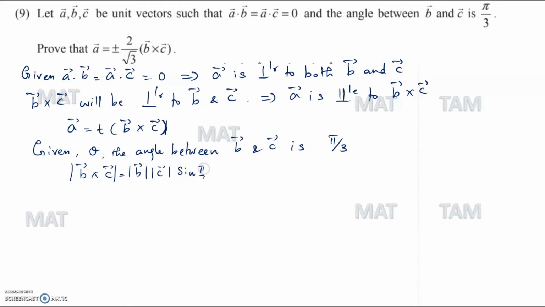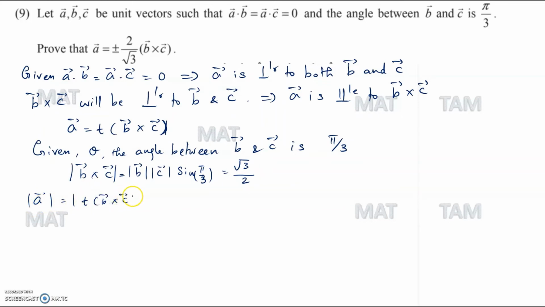Further, that's equal to 1 times 1, as B and C are unit vectors, times sine pi by 3, which is root 3 over 2.